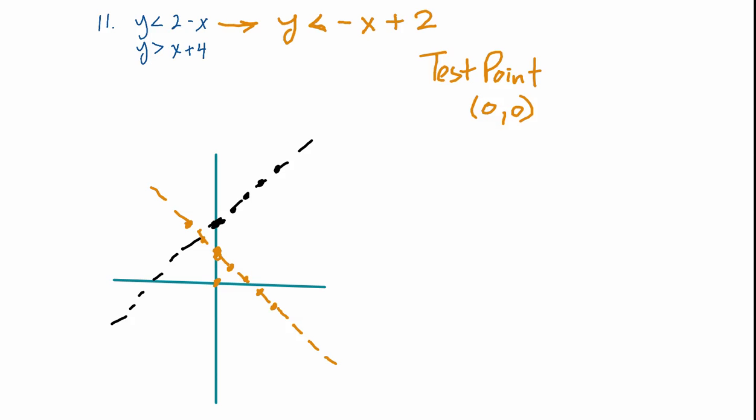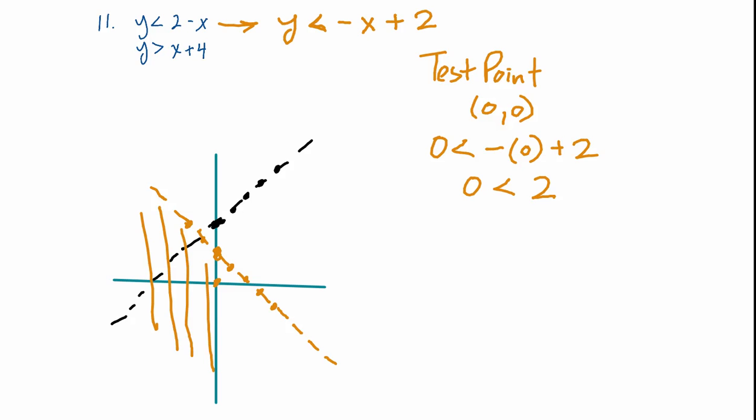Plug in 0 for y and 0 for x. Zero is less than 2. That's true. So I will shade everything on this side of the boundary line.